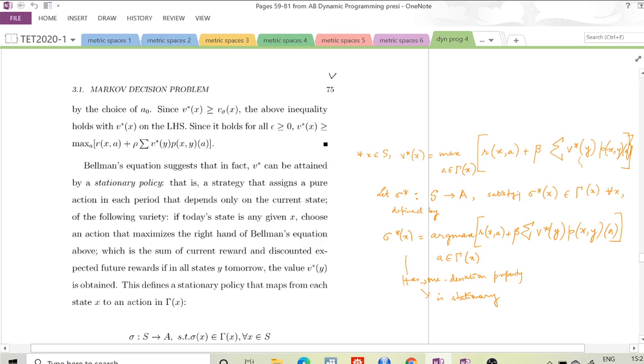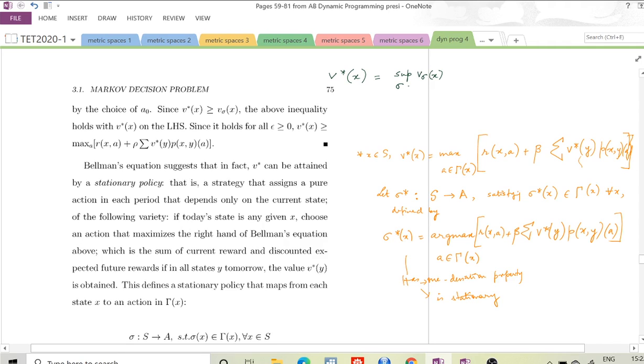V star was our value function, right? If the initial state is x, V star of x was defined to be the best discounted present value that I can achieve starting with initial state x, if I'm free to choose over all possible strategies, pure or randomized, that are available.